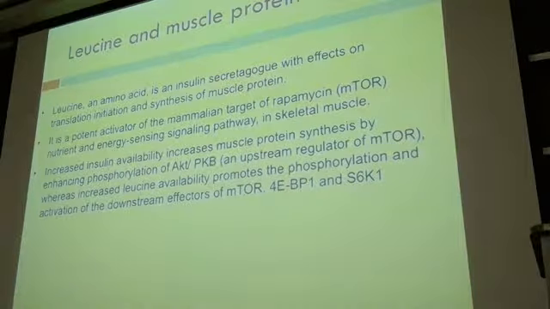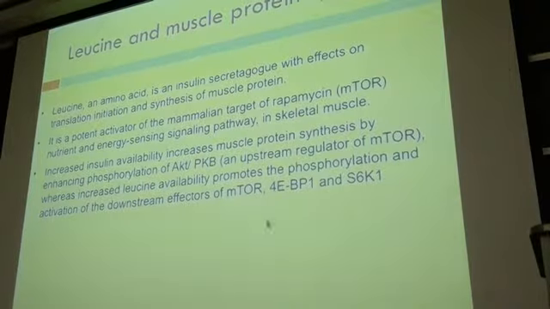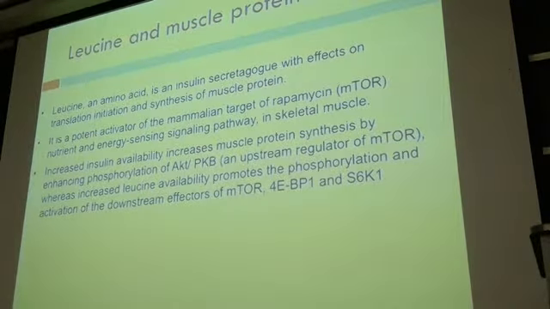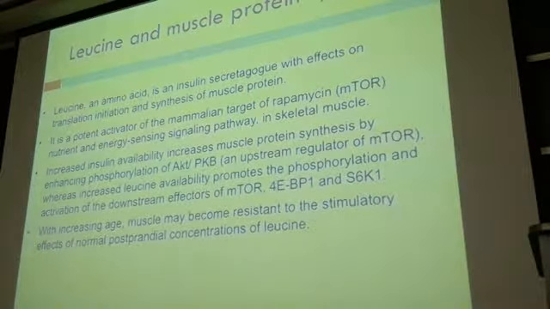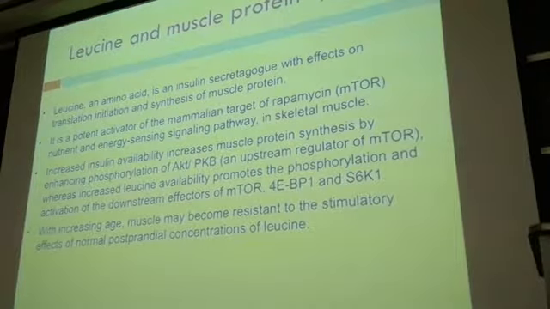Leucine, on the other hand, promotes the phosphorylation of the downstream effectors of mTOR, shown here. It's called 4E-BP1. These are downstream of mTOR. So insulin acts upstream to increase mTOR activity, and then leucine acts downstream of mTOR. So the two together complement each other in their effects on muscle function and structure.